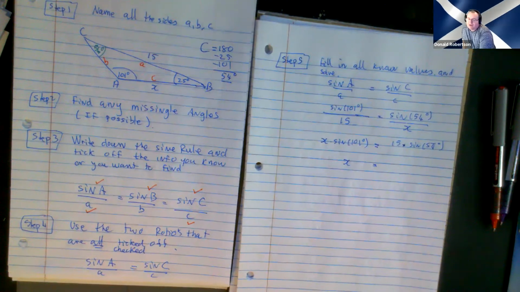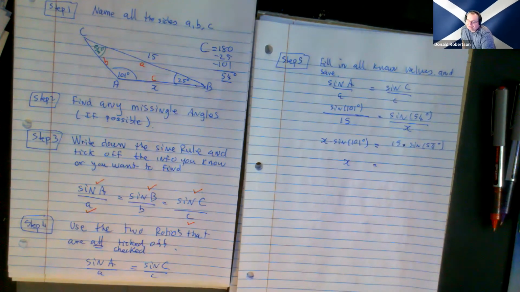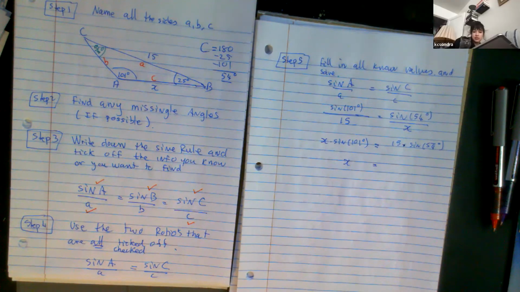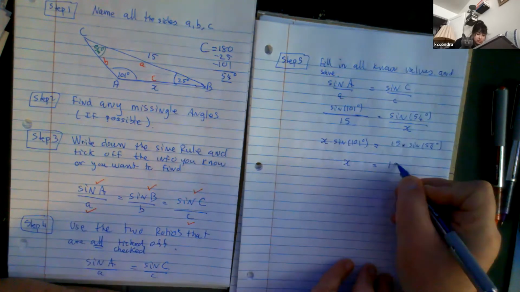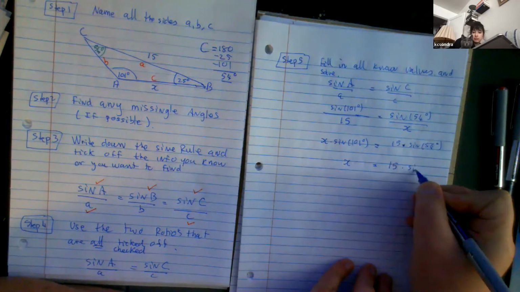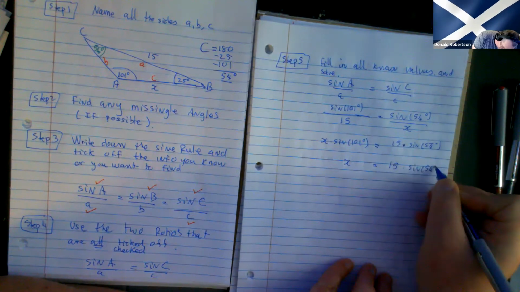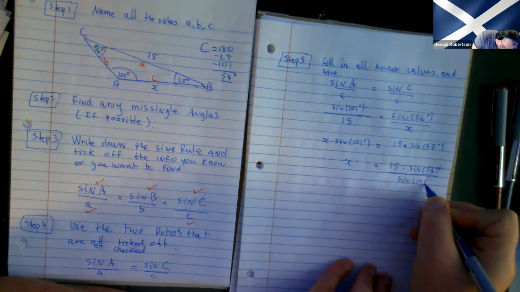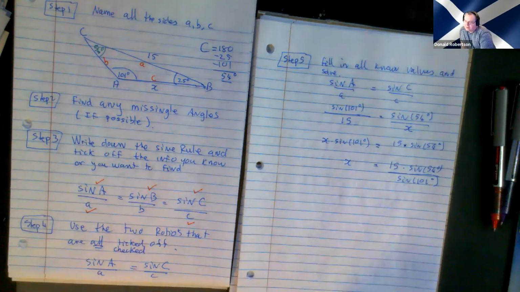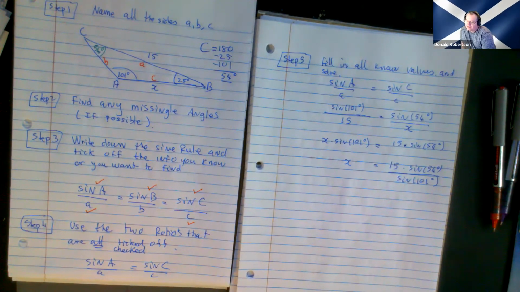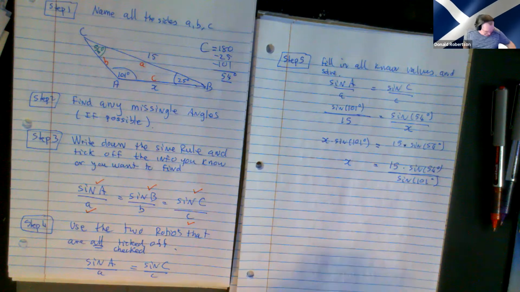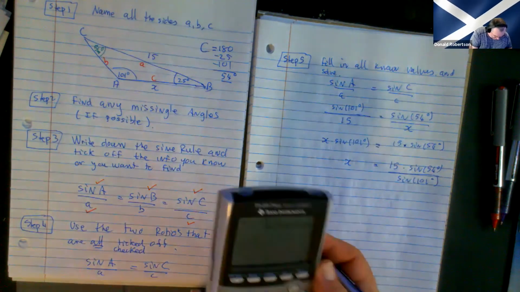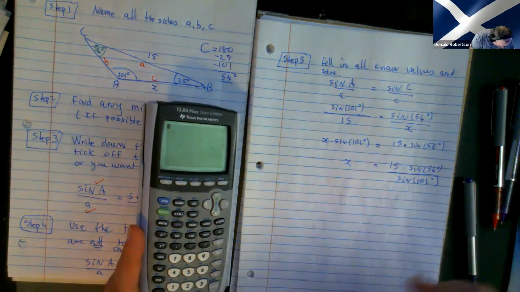What do I do next? Divide by sine of 101. Does that seem logical? Does that kind of make sense to you, how we are solving this question? At this point, it's really calculators because you're not going to get exact values for any of these.